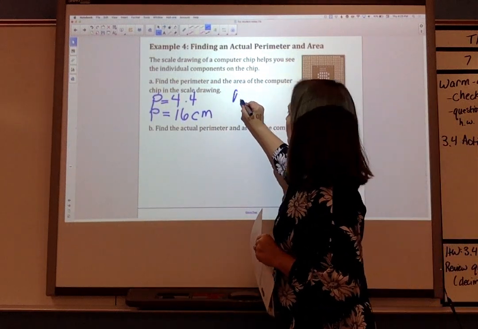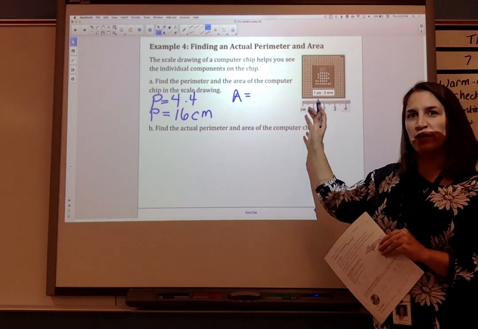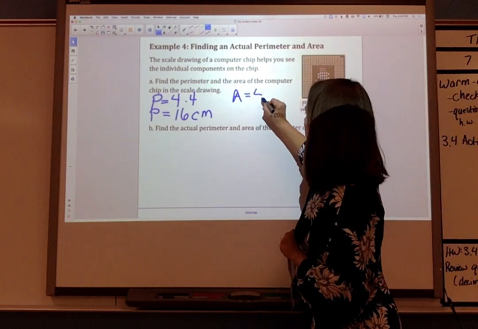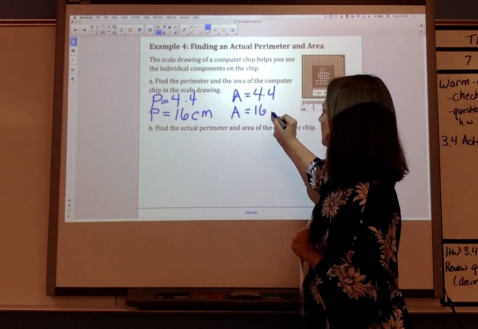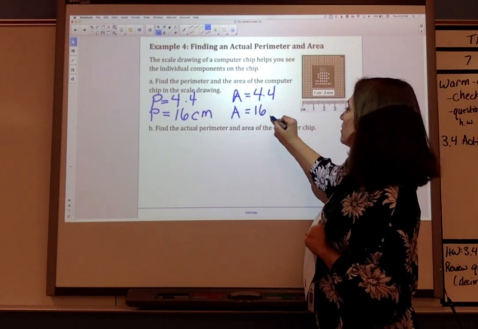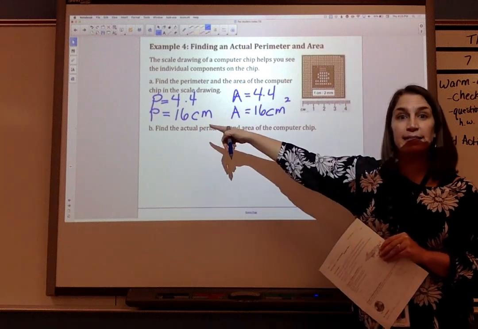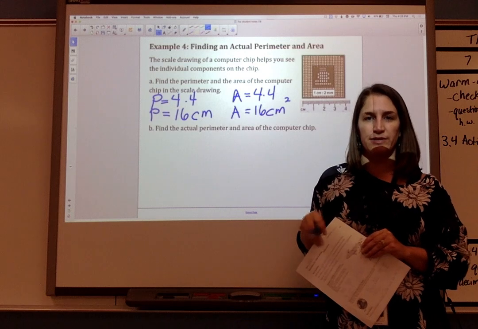The area is going to be also 4 times 4, but for a different reason. Length times width. So that's 4 times 4. So our area is 16 square centimeters. Okay, so our perimeter is 16 linear centimeters. Our area is 16 square centimeters.